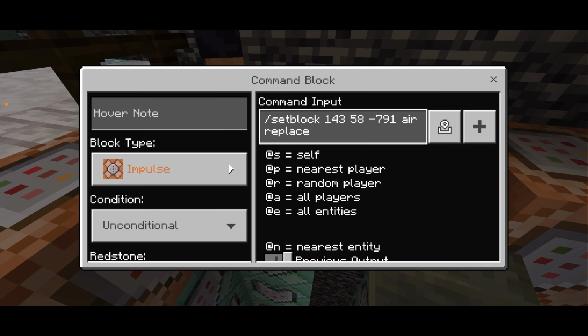So the first actual command block, now we're going to command blocks in our notebook. The initial command block is going to be impulse, unconditional, and needs redstone.